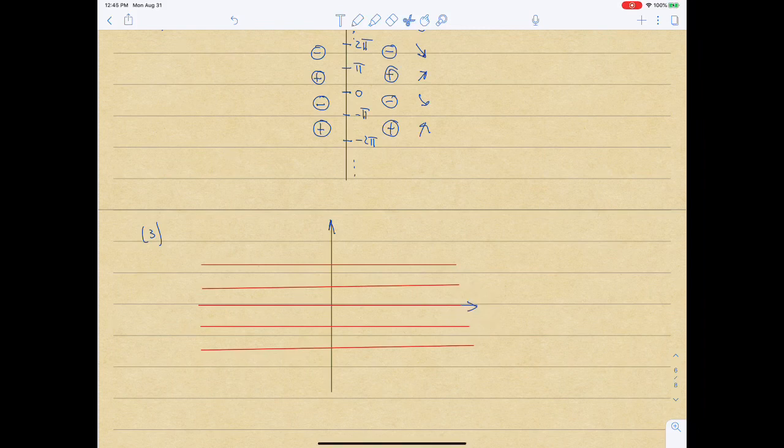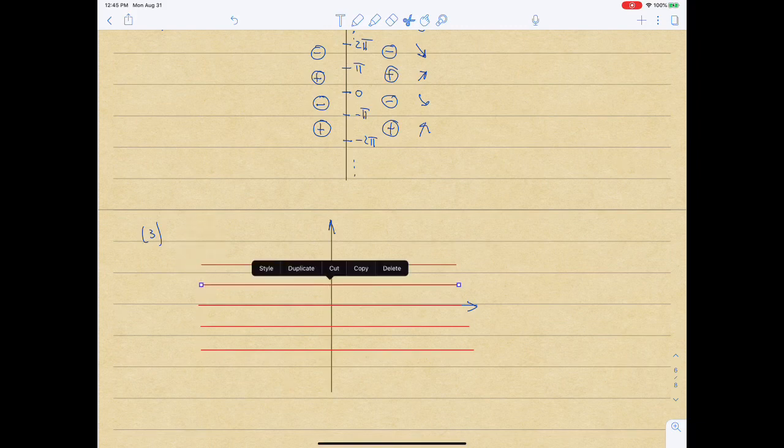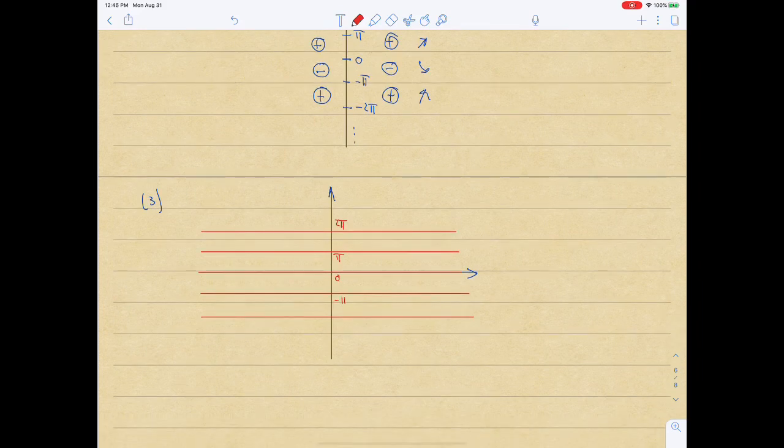So let me fix this: 0, pi, 2 pi, minus pi, minus 2 pi, etc.